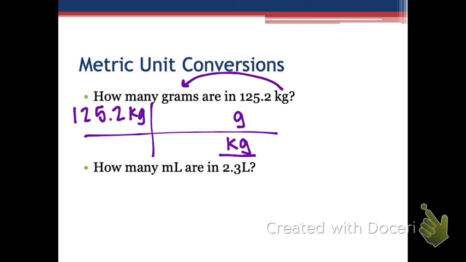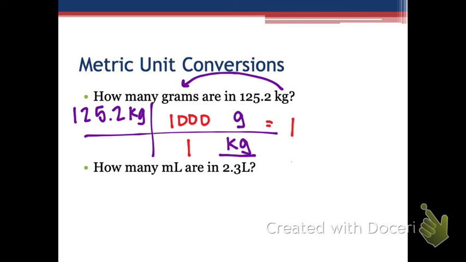And then I put in my numbers. So I look to my chart. Is grams or kilograms bigger? Kilograms is bigger, and it's going to get the 1. And then how many grams are in a kilogram? 1,000. All right. What's the math I'm going to end up doing here? 125.2 times 1,000. Good.